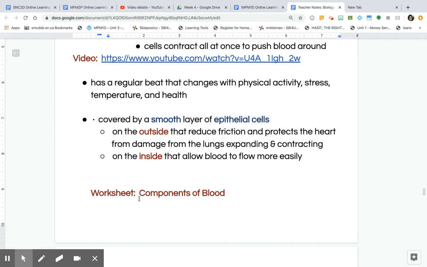That smooth layer of epithelial cells is also super important for allowing blood to flow more easily. Imagine that you have a straw and you're trying to drink chocolate milk or apple juice through your straw. If you look inside the straw, you can see that it's super smooth, so that liquid is flowing really nicely.